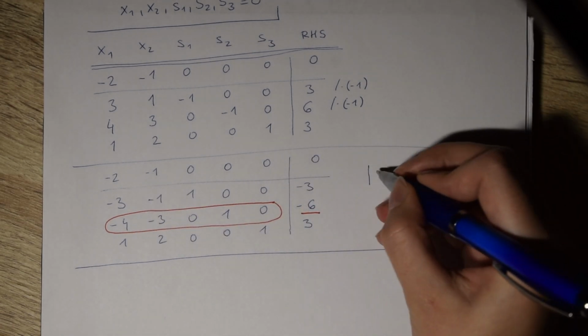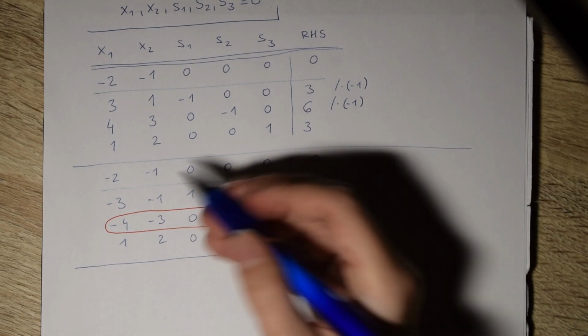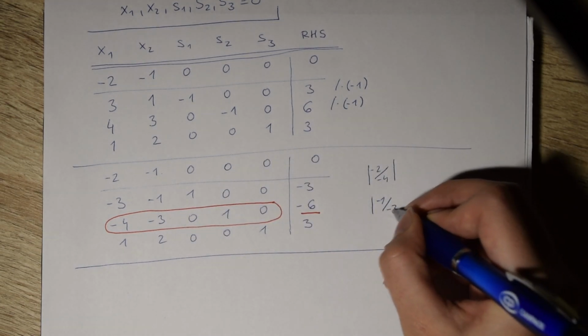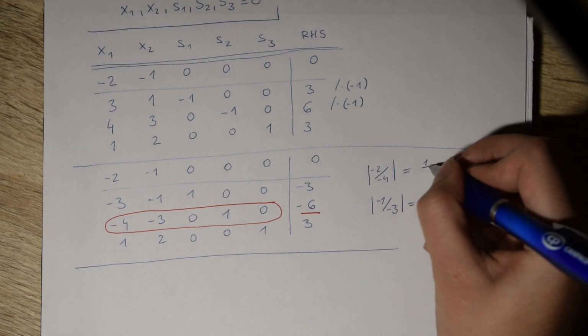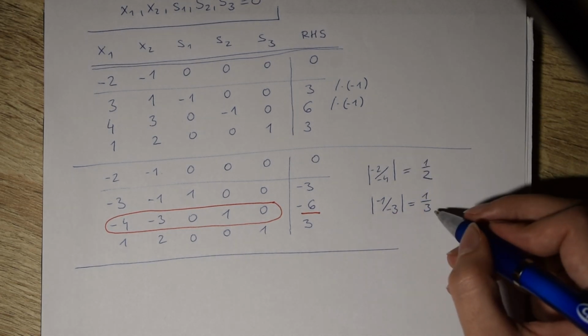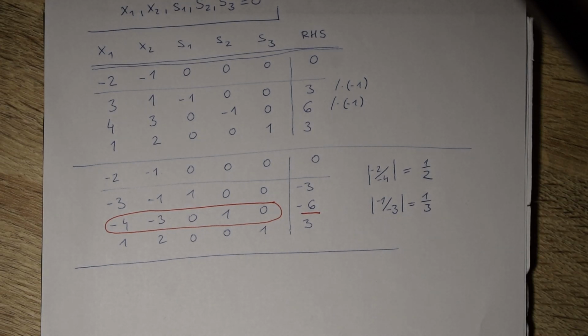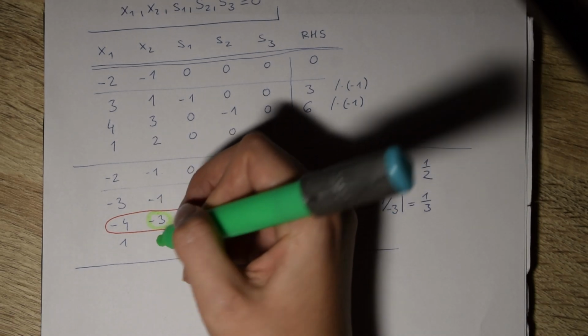In absolute value, minus 2 divided by minus 4 and minus 1 divided by minus 3. And we get 1/2 and 1/3. 1/3 is less than 1/2. So we mark minus 3. It means that x2 will be basic and s2 will no longer be basic.